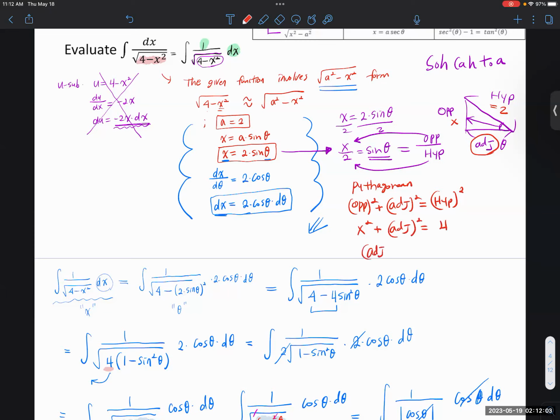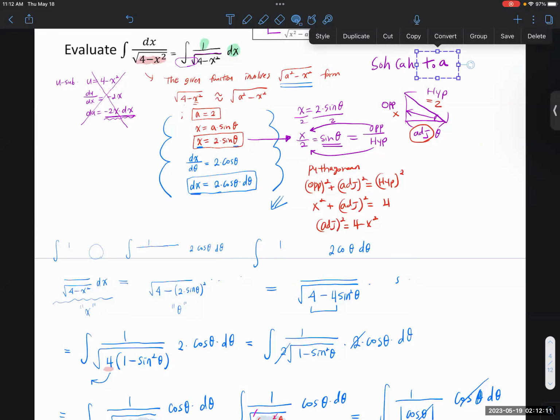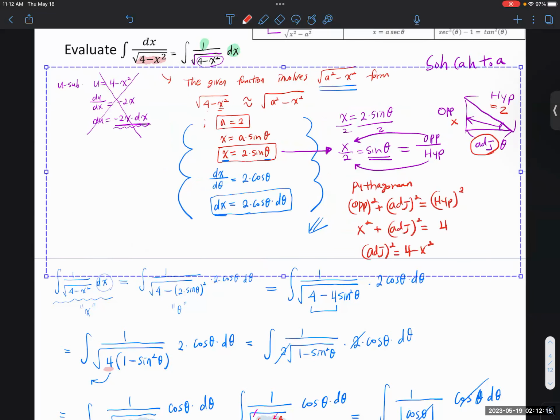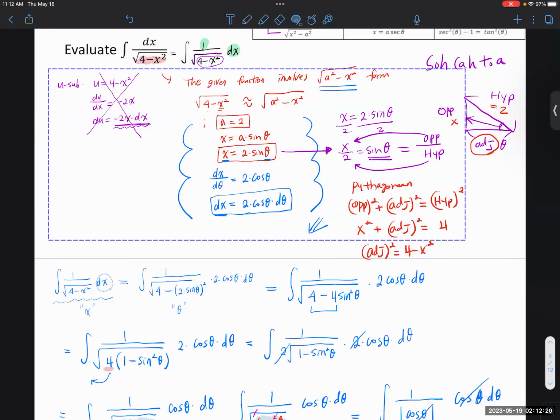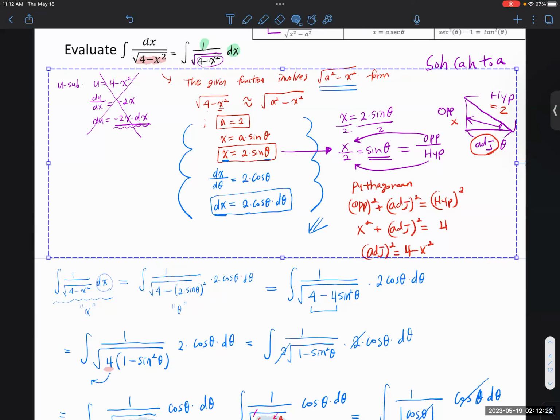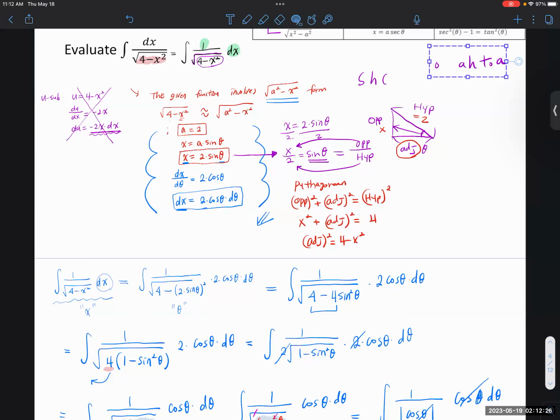So adjacent squared will be 4 minus x squared.